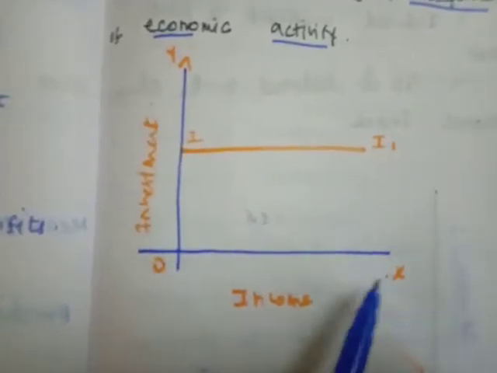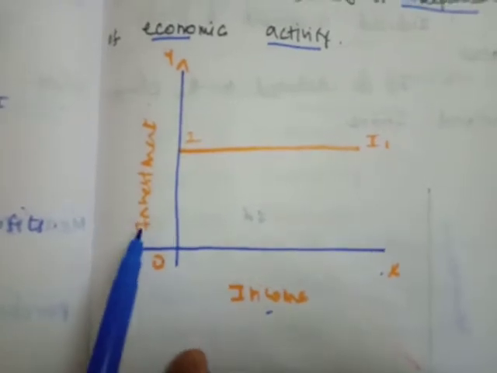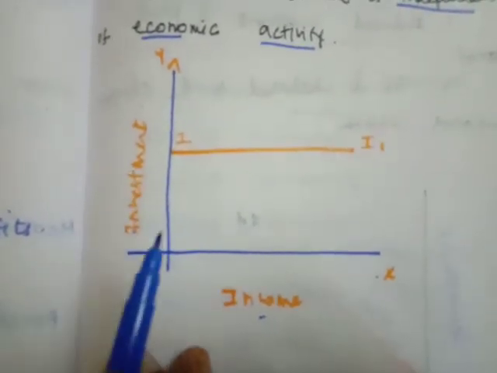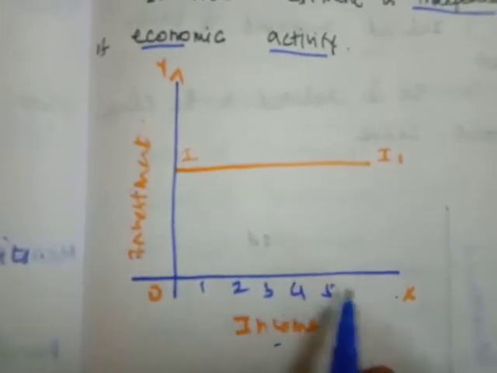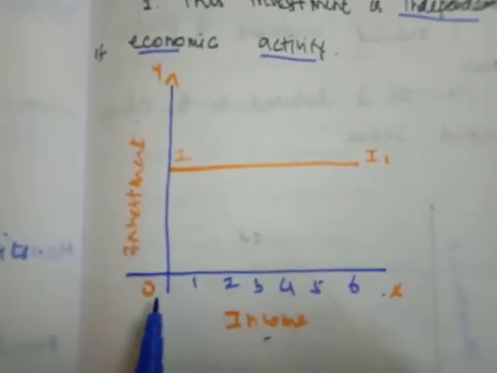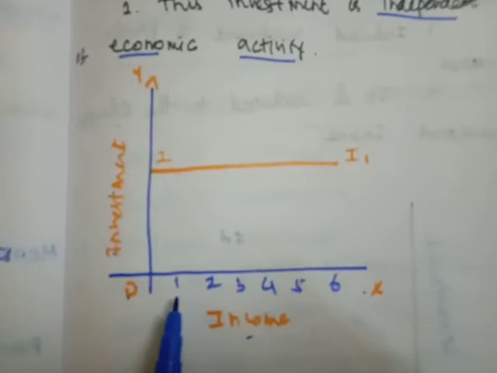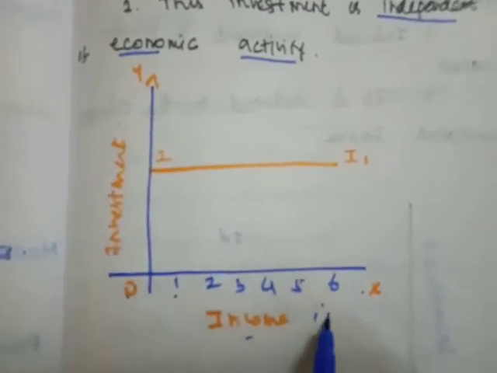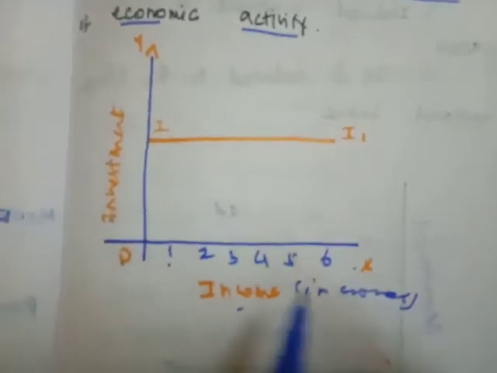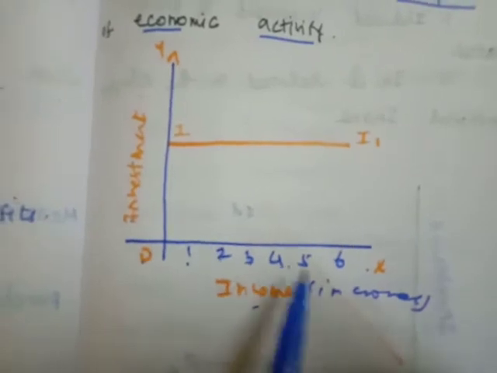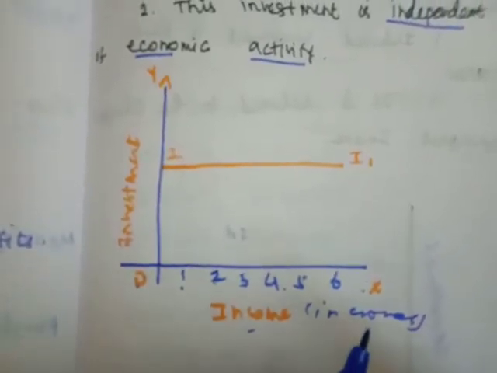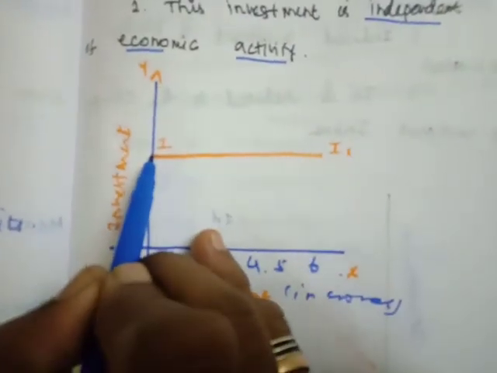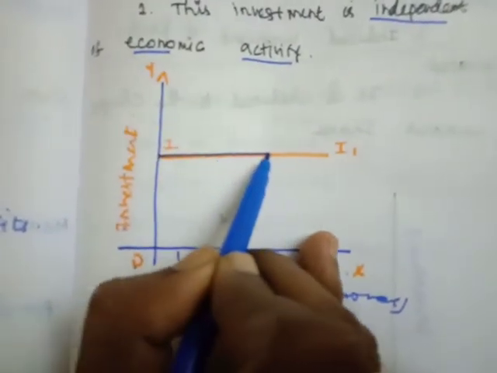The x-axis represents income and the y-axis represents investment. Whether income is 1, 2, 3, 4, 5, 6, whether the income is 0, whether the income is 1, for example, in crores. Whether income is 1 crore, 2 crore, 3 crore, 4 crore, 5 crore, the government doesn't worry about the income increasing or decreasing, but the government must invest money.